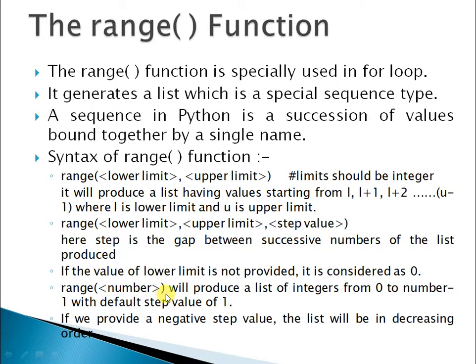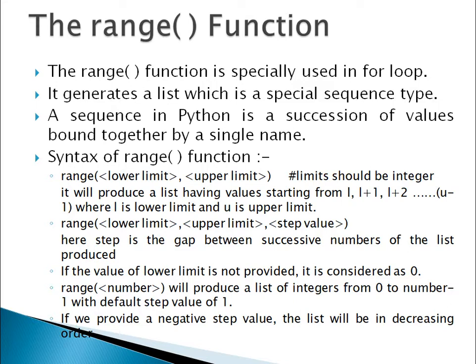Okay. So the lowest value will start with 0 and go up to the highest number minus 1. And because you have not provided the lower limit and the step value, the default step value will also be 1.